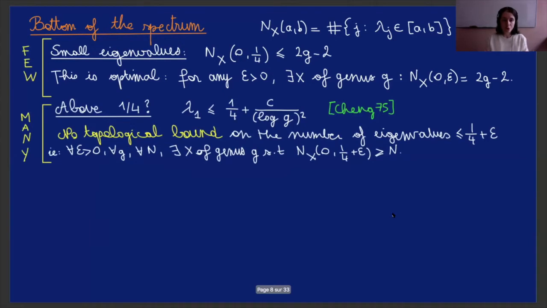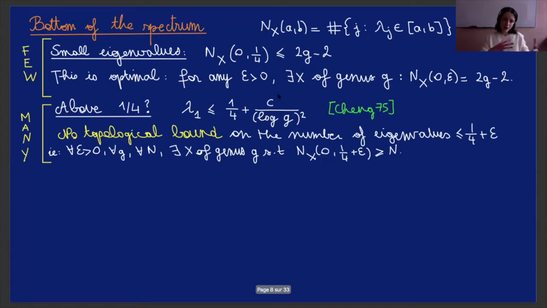So above 1/4, the situation is quite different. A first observation is that due to the fact that the spectrum of the hyperbolic plane starts at 1/4, you can prove that lambda1 is always going to be smaller than 1/4 plus something that goes to 0 as the genus g goes to infinity.